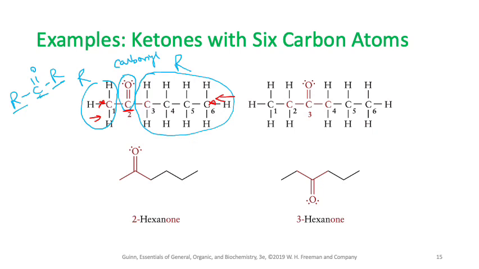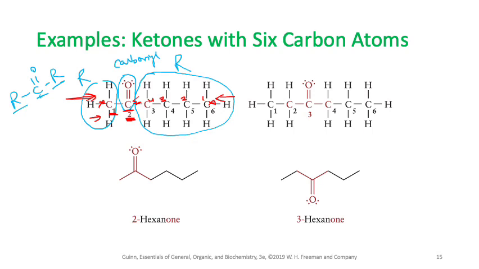According to the rule, you have to give the preference, or the lowest number, to the carbon containing the carbonyl group. So if I start from here, 1, 2, the second carbon contains the carbonyl group. If I had started the other way, 1 2 3 4 5, the carbon that has the carbonyl group is on the fifth carbon, but we already got the second carbon, so we should start from this side.